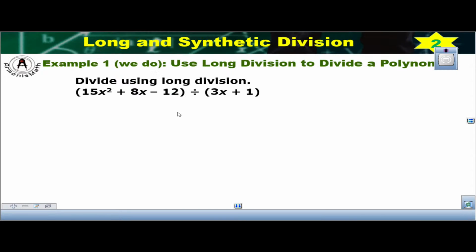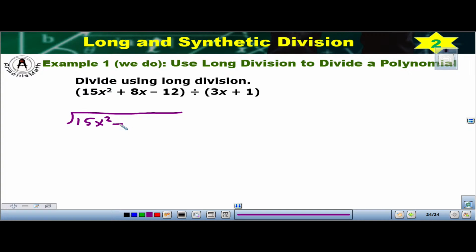So I'm going to start my division sign. I've got 15x squared plus 8x minus 12 divided by 3x plus 1. Okay, 3x plus 1. I'll take the 15x.